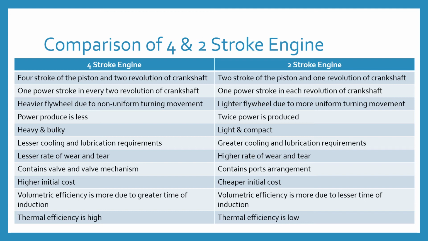The thermal efficiency in the case of the 4-stroke engine is high, and in the 2-stroke engine thermal efficiency is low. So students, these are the basic differences in between the 2-stroke and 4-stroke engine.